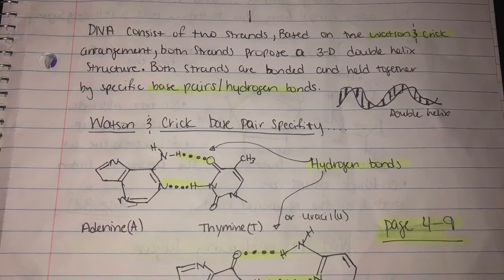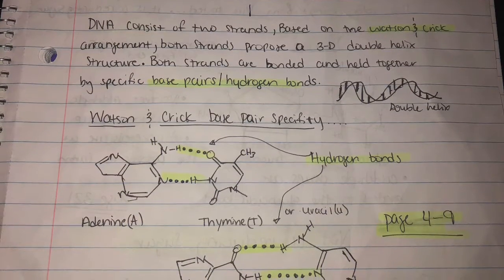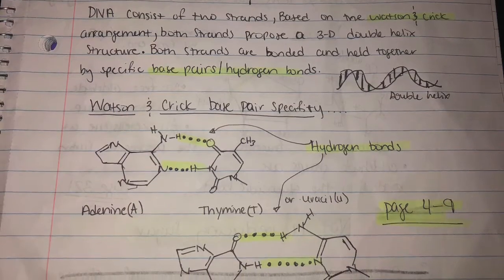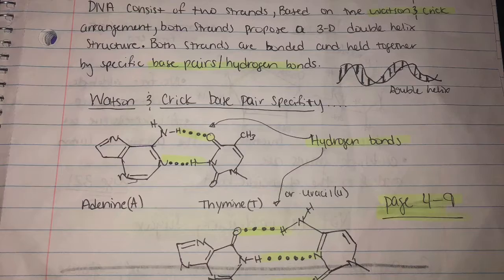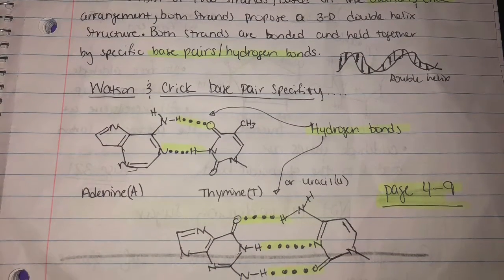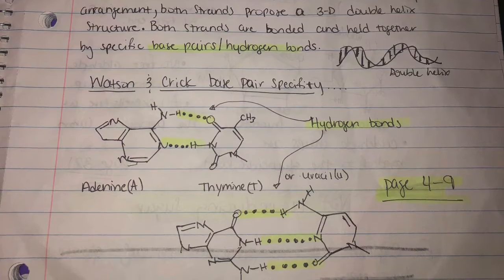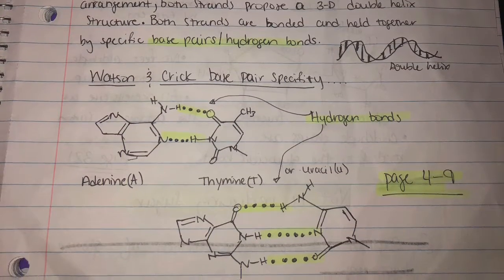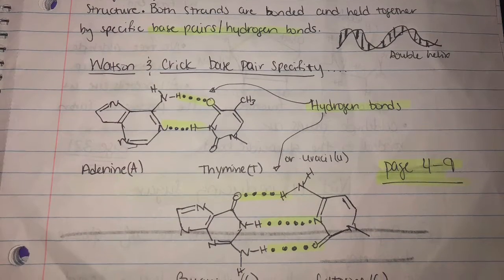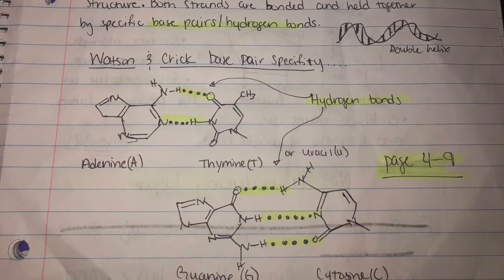If you notice in the pictures, we have hydrogen bonding with adenine and thymine. They are both opposite base pairs, and they bond making two hydrogen bonds. As for guanine and cytosine, they make three hydrogen bonds. Sometimes adenine can also bond with uracil.